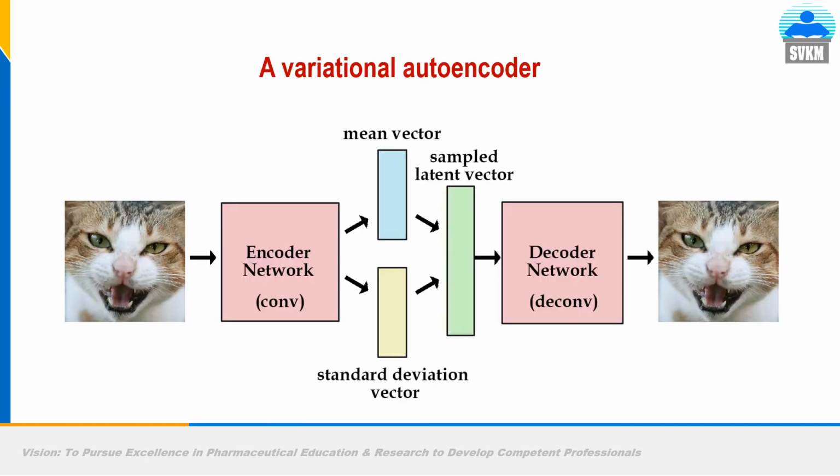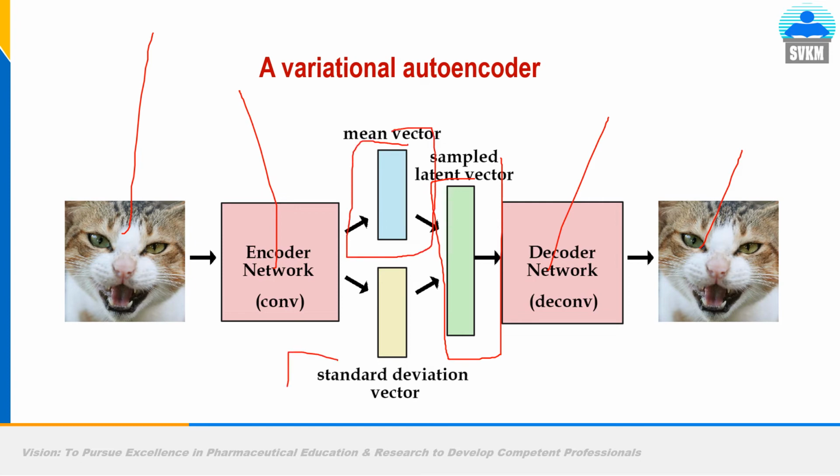Now this is a variational autoencoder. In a simple autoencoder, we have seen only the input image, encoder, latent vector, decoder and output. But here two more vectors are there, the mean vector and the standard deviation vector. So these are the probability features, or normal distribution, we are ensuring by adding these two vectors.